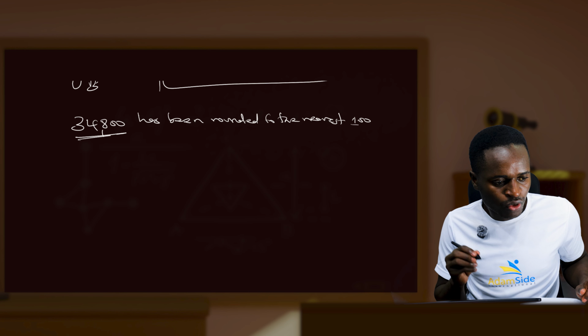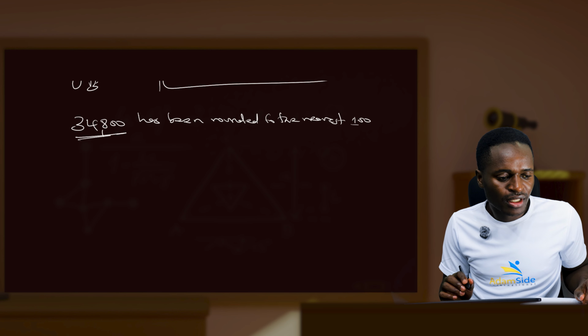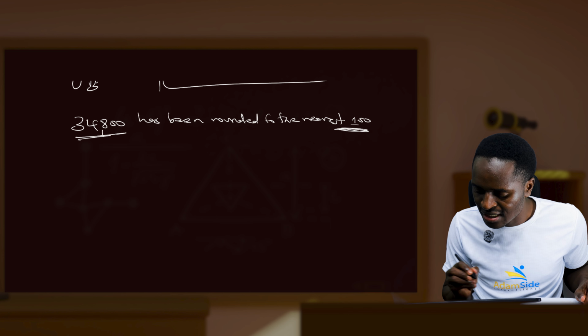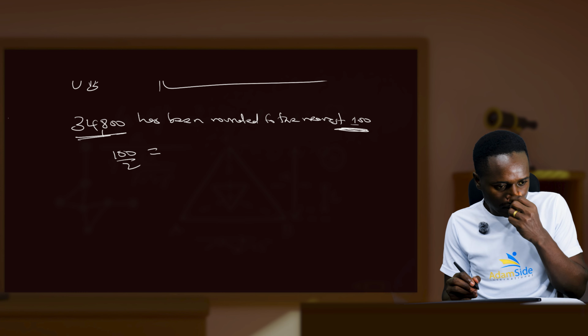So what do we say is the rule? If you want to find the bounds, we will take the degree of accuracy divided by 2. The degree of accuracy, we have been told, is the nearest 100. So we take 100 divided by 2 and get 50. Correct.